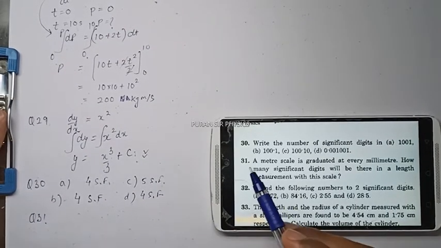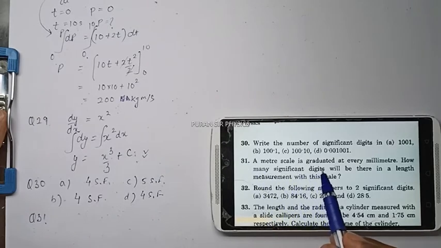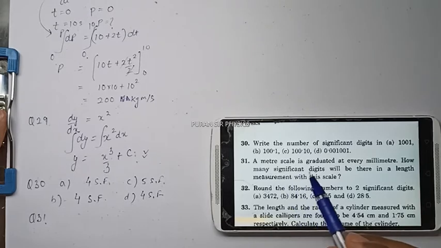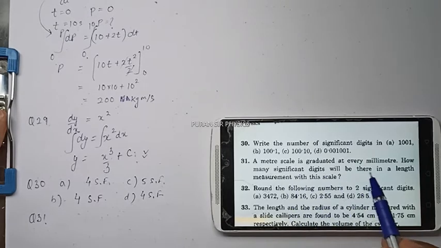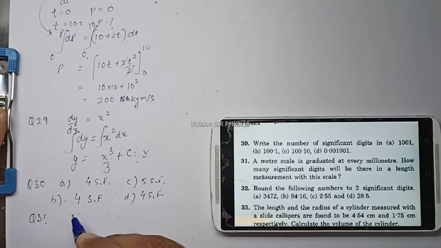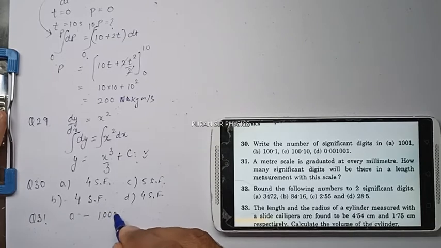In question number 31, a meter scale is graduated at every millimeter. How many significant digits will be there in a length measurement with this scale? So here, this meter scale, you can measure from 0 to 1000 millimeter.